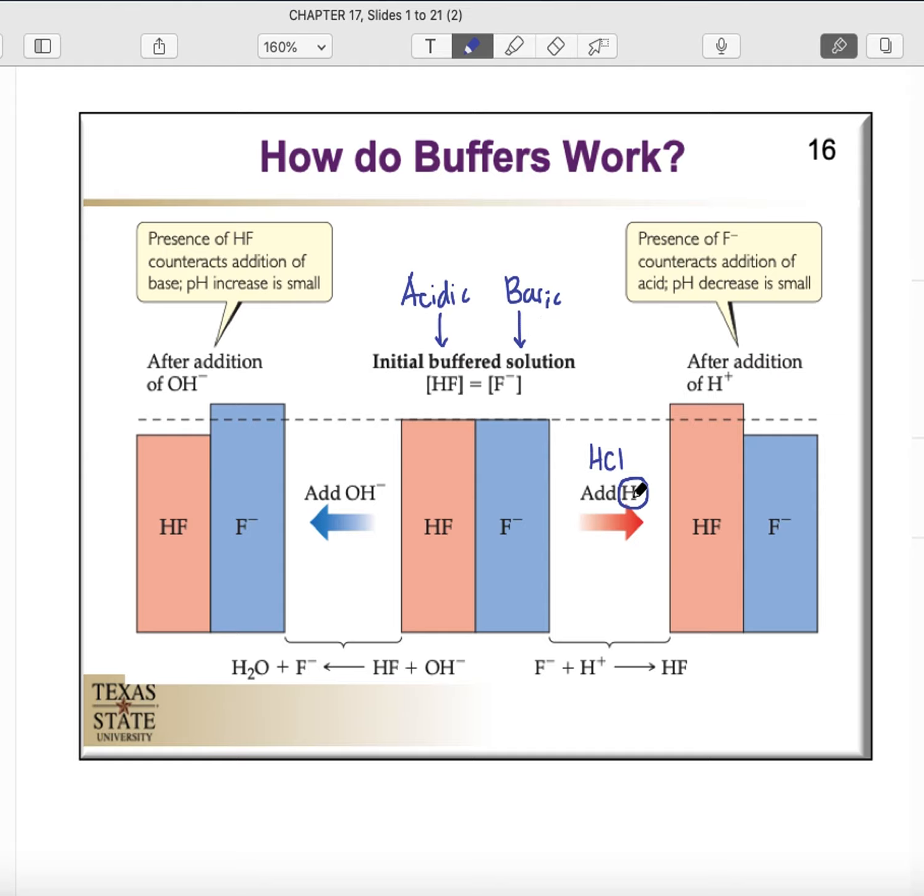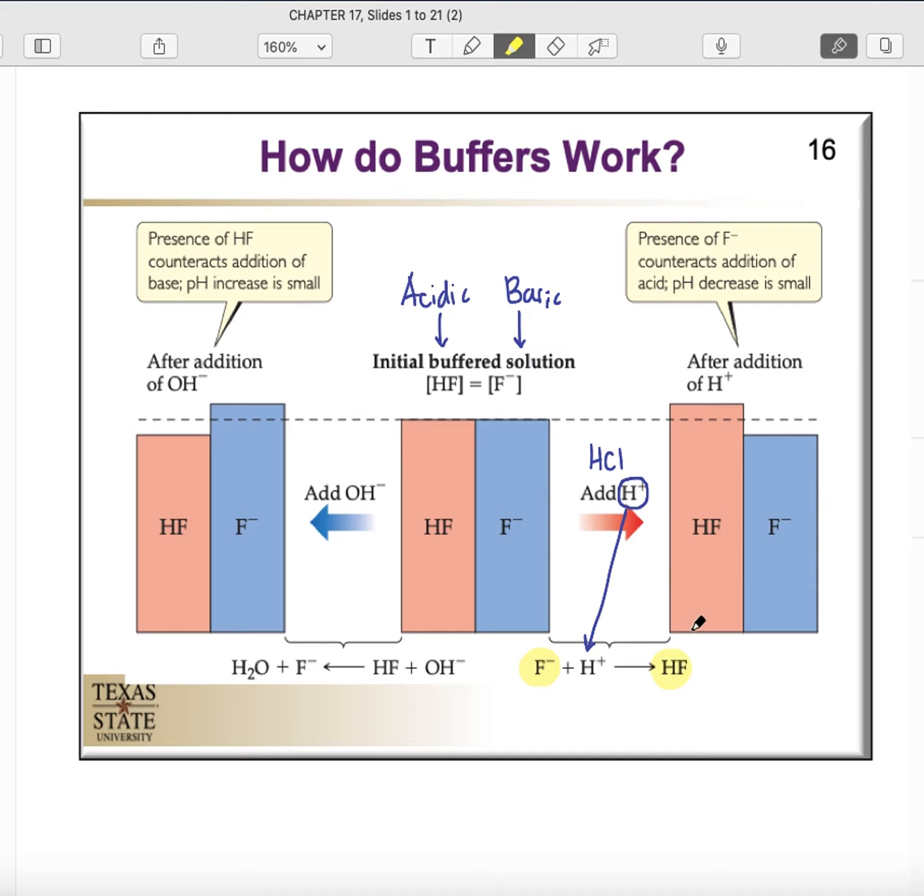If I'm adding acid, the only thing that would make sense is for that acid to react with the basic component of my buffer. And that's what you see down here specifically. The H plus that came from that external acid that I added is going to be reacting with the basic component of my buffer, and the product of that reaction is going to be the formation of more HF. And if you notice, the product and what I'm using, they're both part of my buffer.